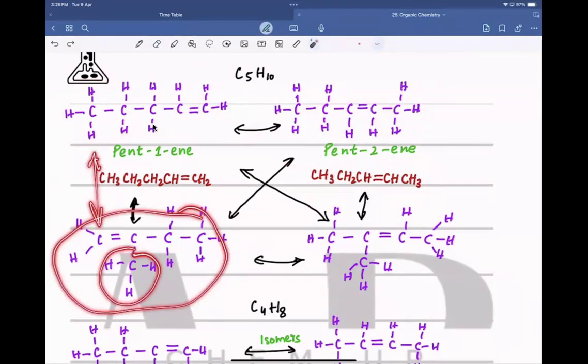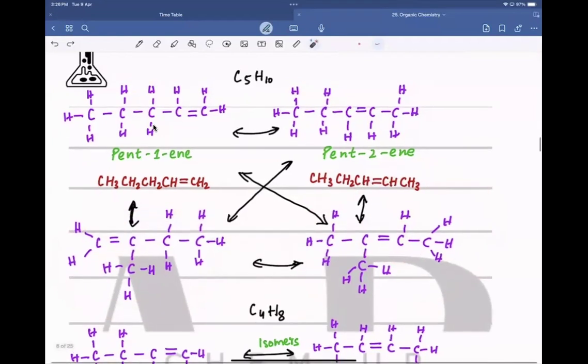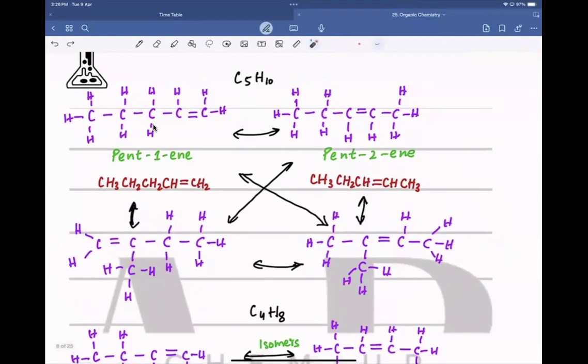Now, these two are the same, only the position of the double bond changes. So see, is this understandable to all of you? So by changing the position of the functional group, and or by making the branch structure instead of a straight chain, we will get the isomers.